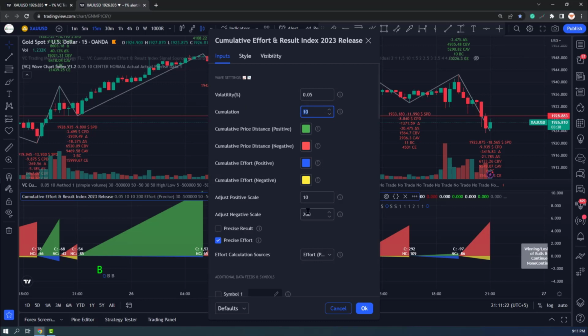We are just adjusting our scale according to our preference. It is always better to adjust this scale in equilibrium, like 50% upside, 50% downside, according to your visual understanding. So it will not affect any kind of analysis. Actually, no.